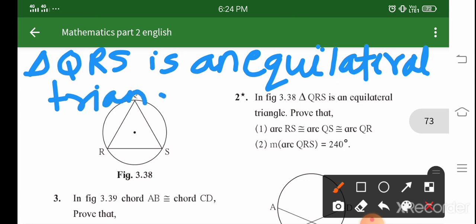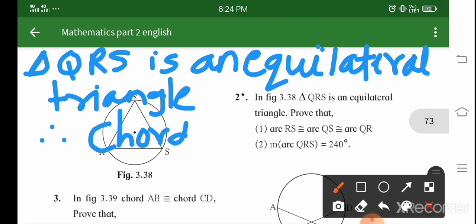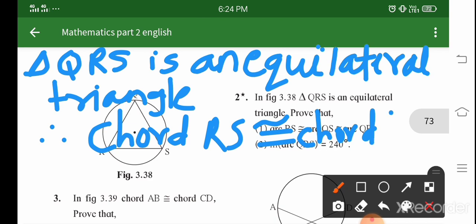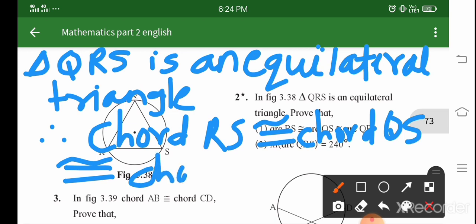So therefore, just write chord RS is congruent to chord QS. Similarly, this is congruent to chord QR. These chords are congruent, so therefore their corresponding arcs are also going to be congruent.